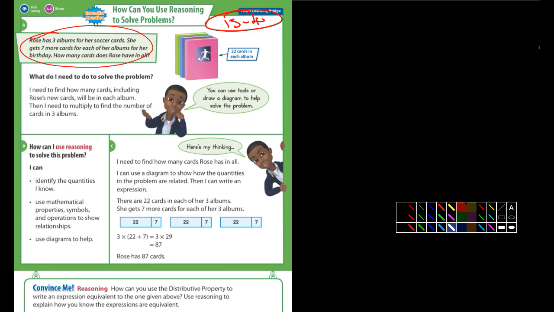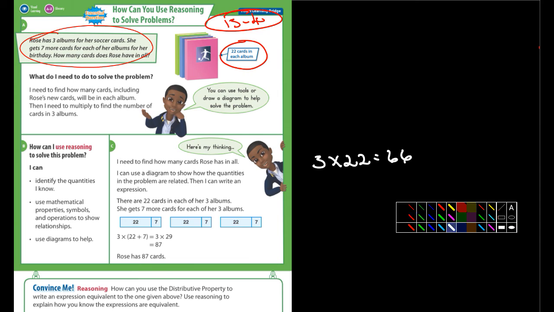My first thought was, well, let's see here. She's got 3 albums, and then if you look at it carefully here, it says there's 22 cards in each album. So I thought to myself, well, what's 3 times 22 equal? Well, that's 66. And then it says she received for her birthday 7 more cards for each album.